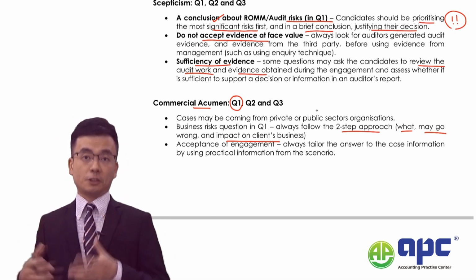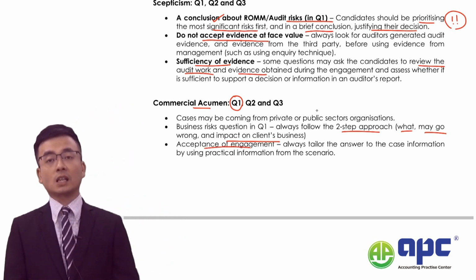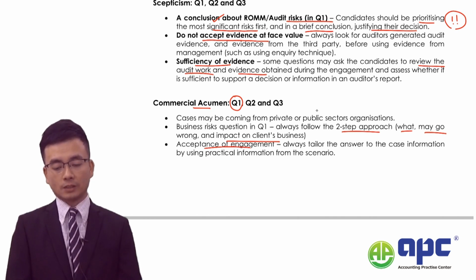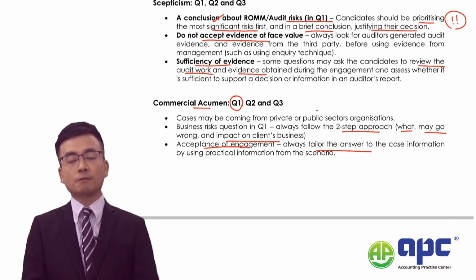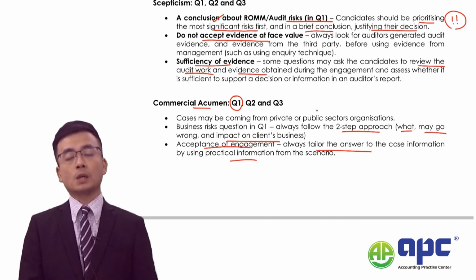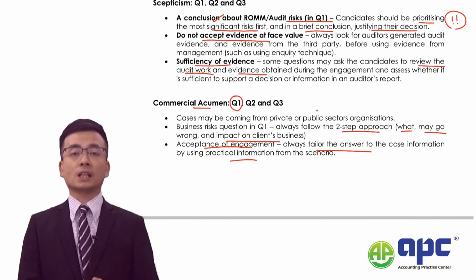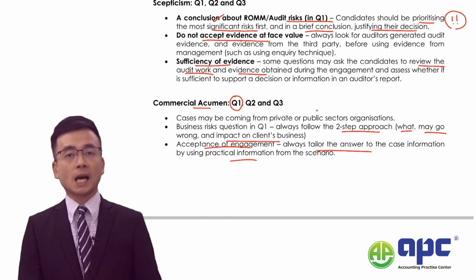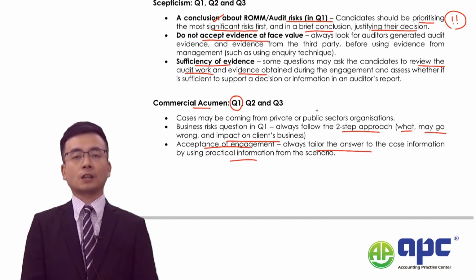And for example, question 2 in particular, you may be considering the acceptance stage, whether or not to accept the engagement letter from a client. So always tailor your answer to the case information, and making sure you use practical information from the scenario, and saying that, okay, if I were to accept as the engagement partner for this particular engagement, that may be an issue. So for example, a conflict of interest and something like that.